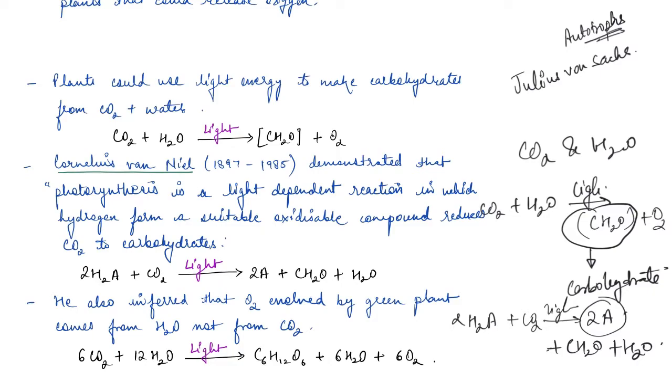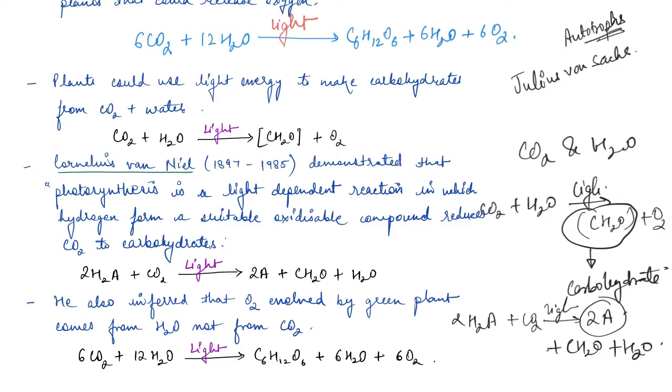So finally, the correct equation that we came up with was that we use 6 molecules of carbon dioxide and 12 molecules of water in the presence of light. It produces glucose, plus some water is released, plus 6 molecules of oxygen is released.